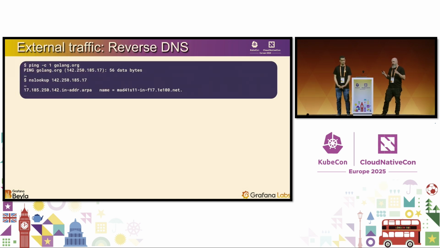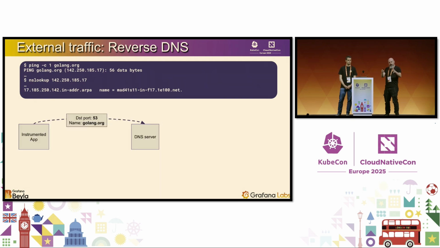We are also able to track external traffic. For now, we were just tracking traffic from service to service inside the same cluster or across zones, but we are also able to track external traffic. For example, here we have a ping to golang.org. It's going to return an address, and we can do an nslookup to get the host name for that IP.